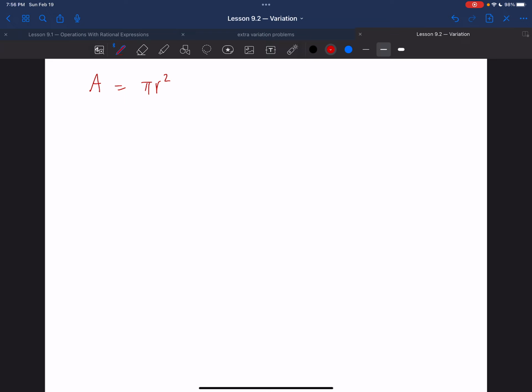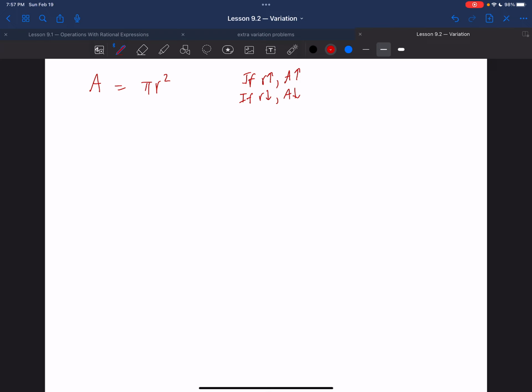Well, if you think about this logically, if r goes up, if you increase the radius of the circle, then the area is going to increase, right? And if you decrease the radius of the circle, then the area is going to decrease.